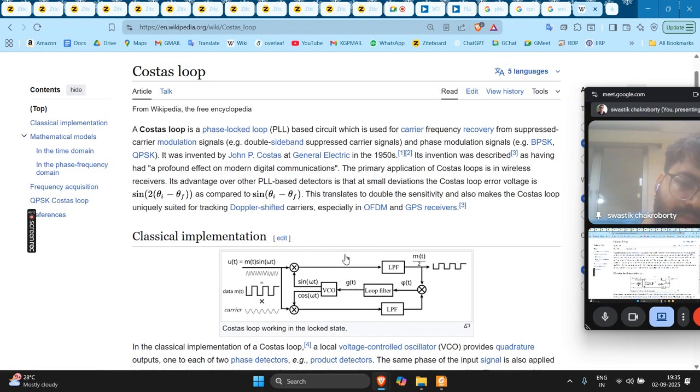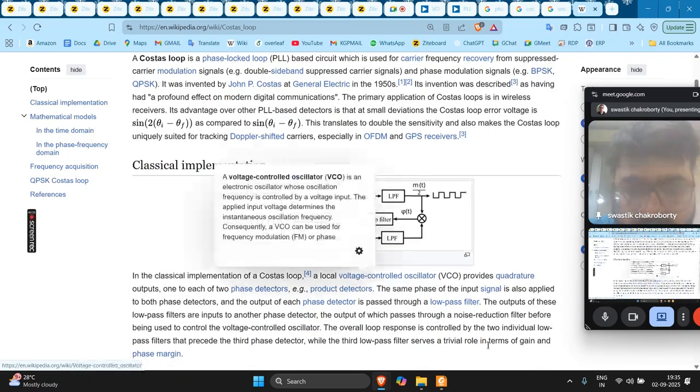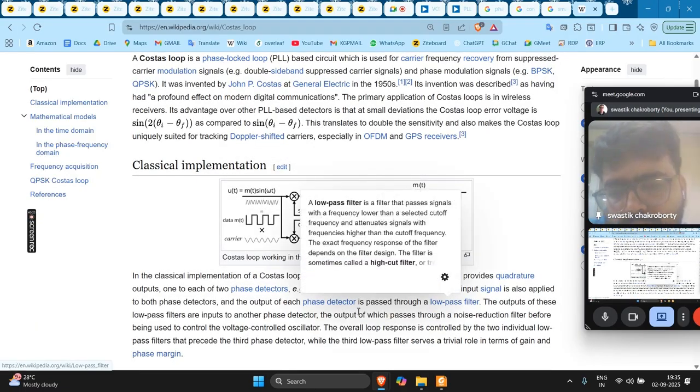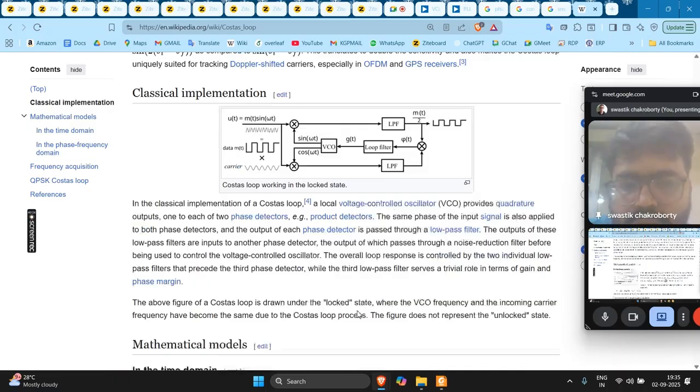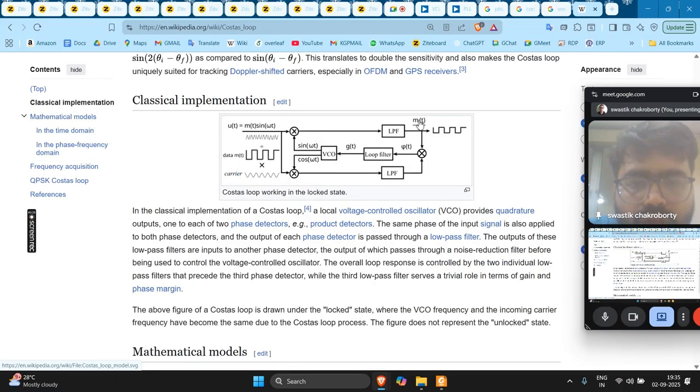So here we have a VCO and we have a filter and we have a loop filter. So we have two different kinds of filter. One is a normal low pass filter and another is a loop filter. So it has a VCO, a low pass filter, a loop filter.